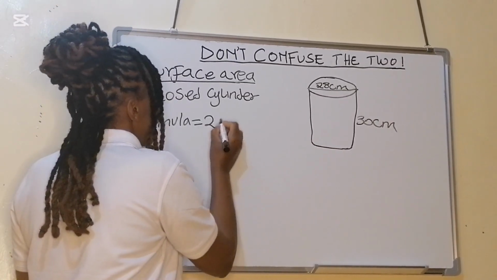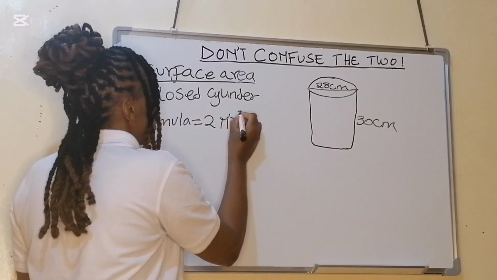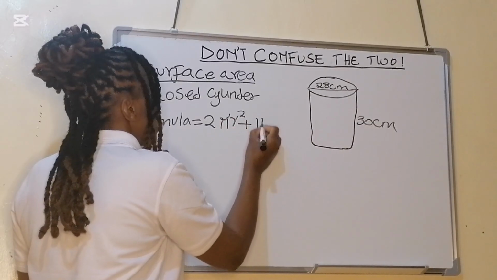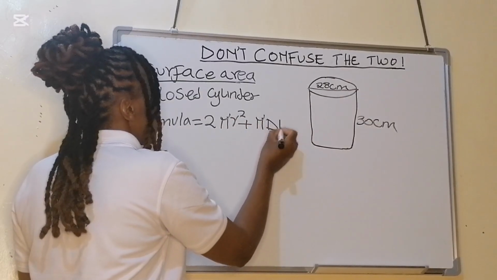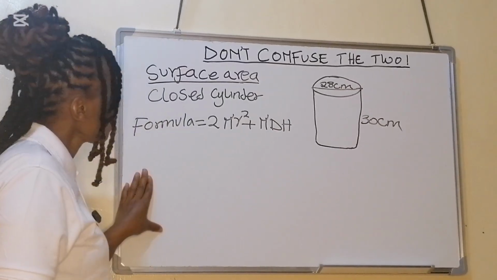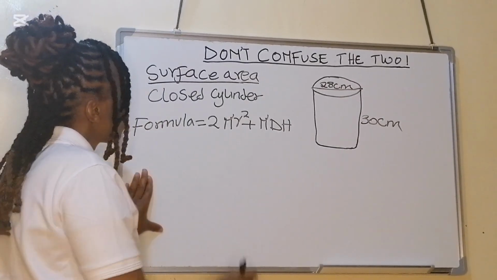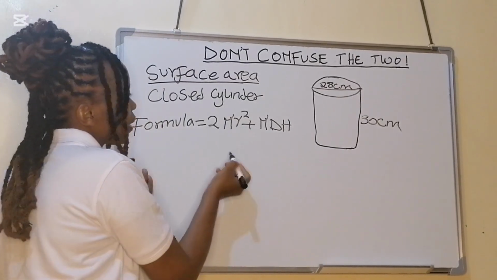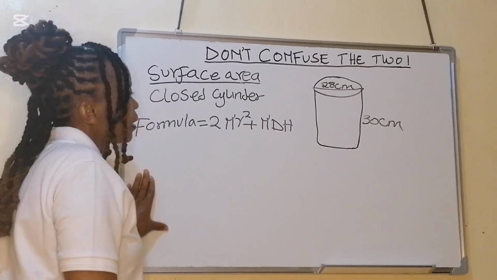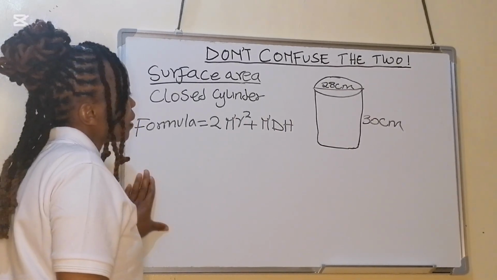Formula is 2 pi r squared plus pi dh. So this formula, we are going to use it to calculate the surface area of a closed cylinder.